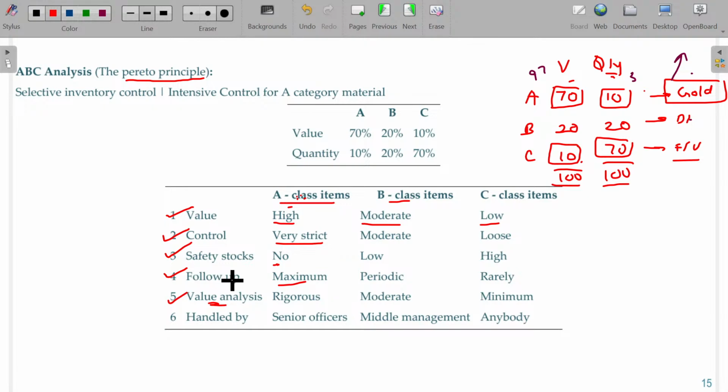If the soap after purchase is not fit for your skin, you throw it off. But when you plan to go for a diamond necklace, you put lots of effort and rigorous analysis, value analysis, before you purchase. Handled by senior officers. And C will be handled by anybody.